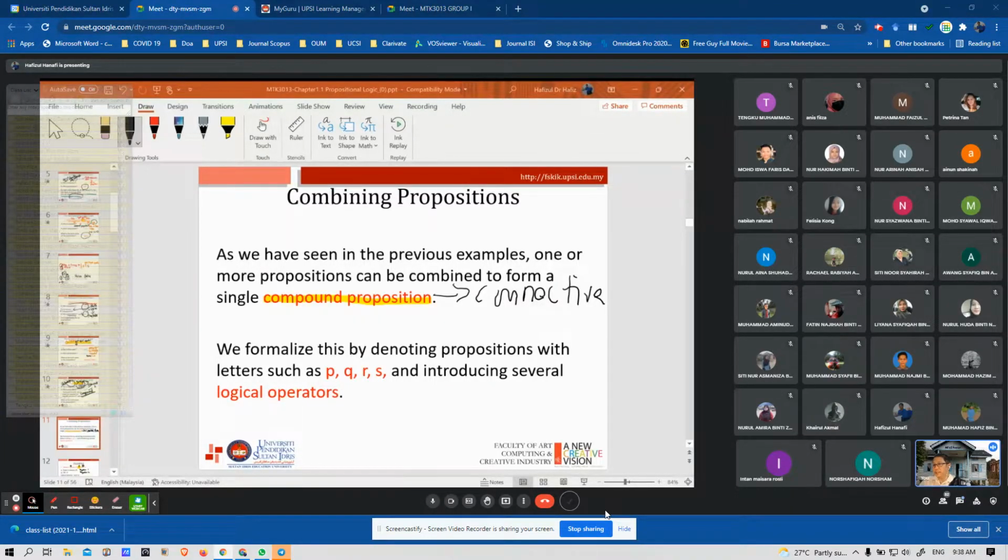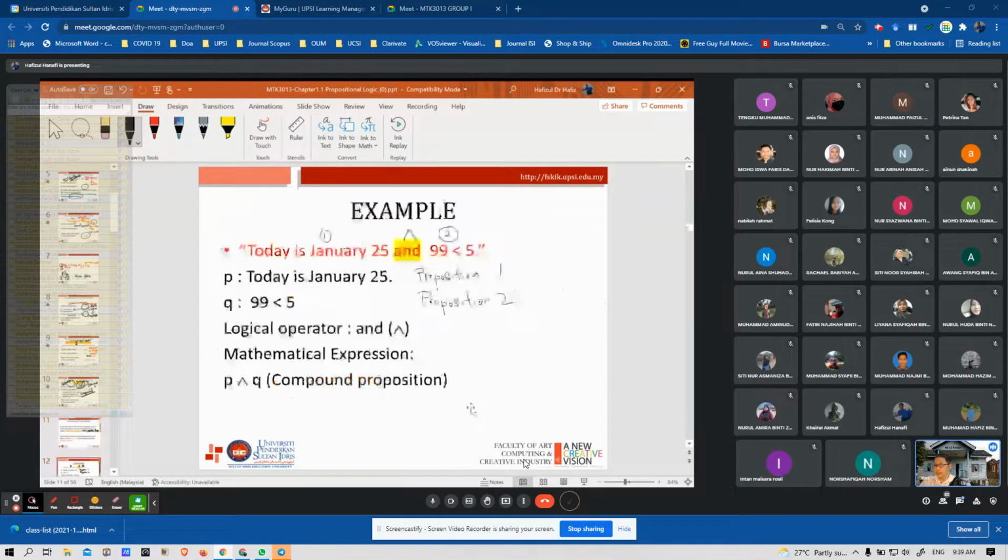Among the connectives we will use are negation and the logical operators. We have negation, conjunction, disjunction, biconditional, conditional, implication and so on. Okay, this is another example.